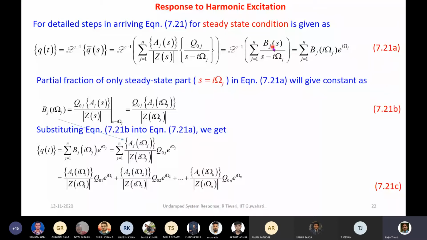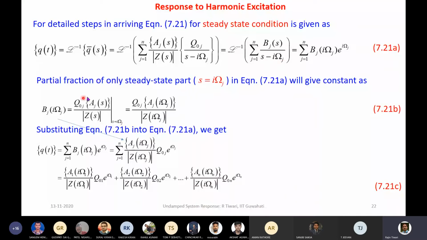And now this particular term, the B j s, I'm writing here. You can see B j is represented like this, where using the partial fraction approach, this constant we obtain by substituting s equal to i capital omega j.